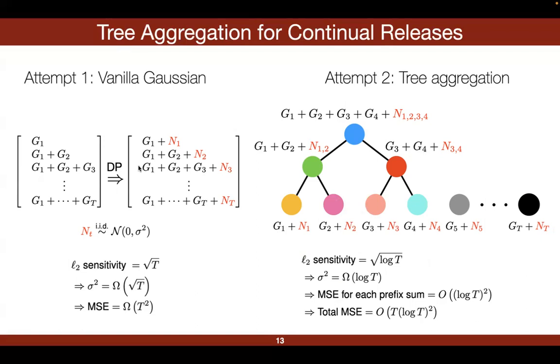Sorry, I have a quick question. Yep. So does that mean in practice we have to store this tree of gradients? That's a very good question. No. Later, after I introduce a more general framework, you will see that the only thing we need to store is this noise, or you have to compute this noise in a certain way.